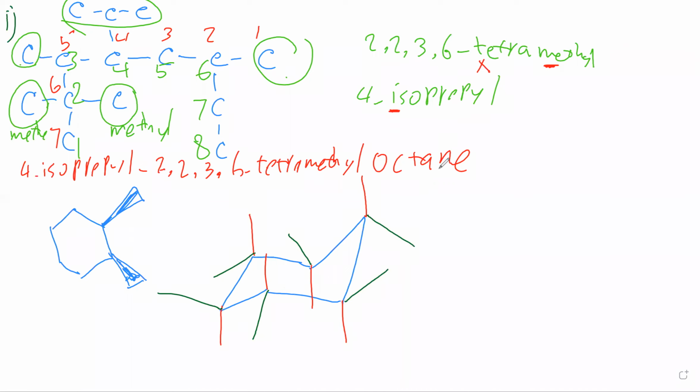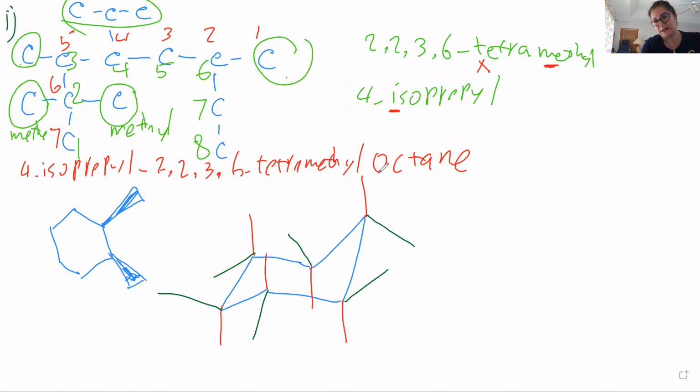Do we have to put a dash between the L and the O? A dash line would separate number from letter. Right, but it's tetramethyl and then dash octane, right? No, these are 2 letters, so you don't have to separate them.